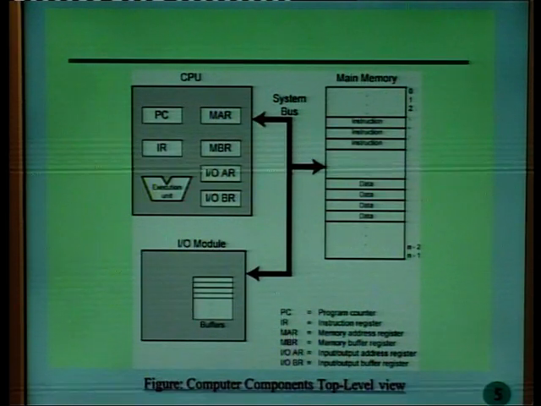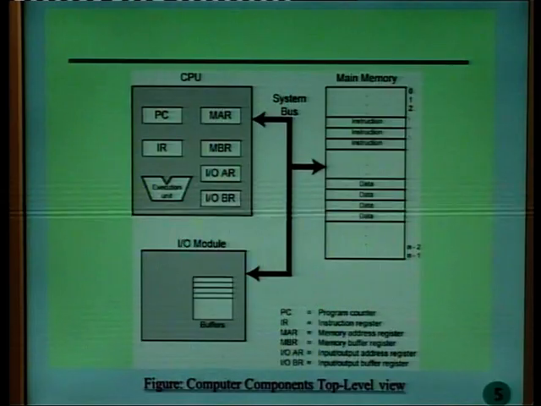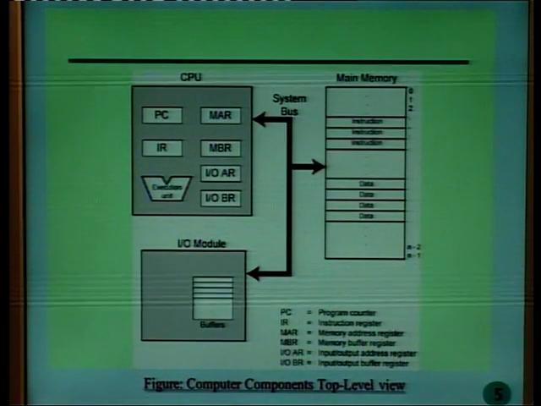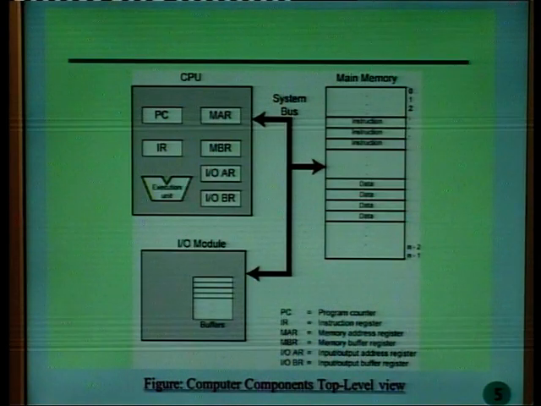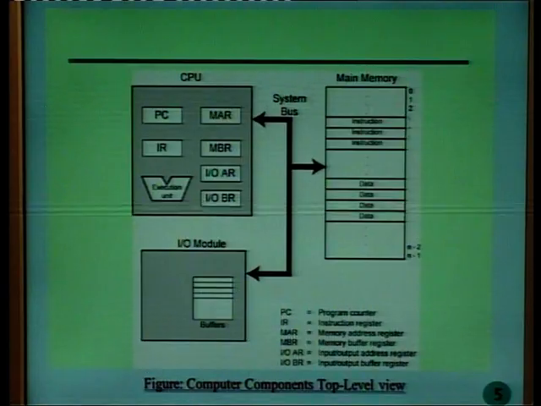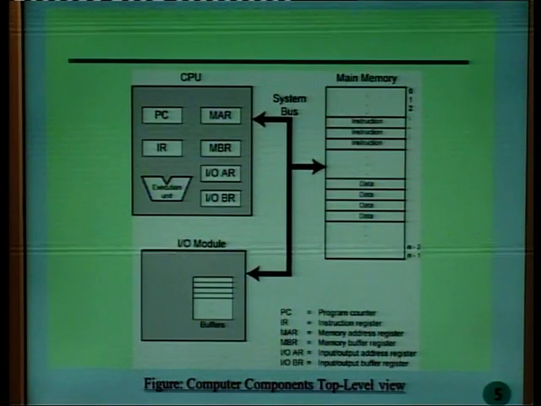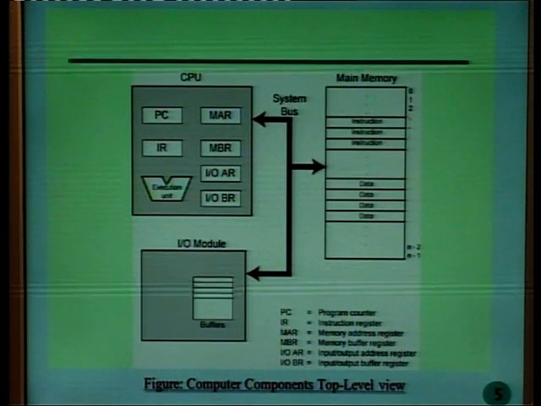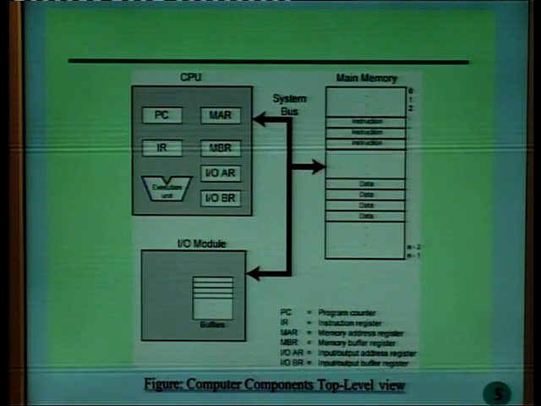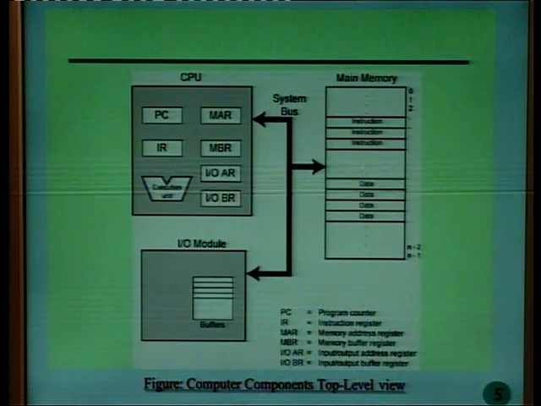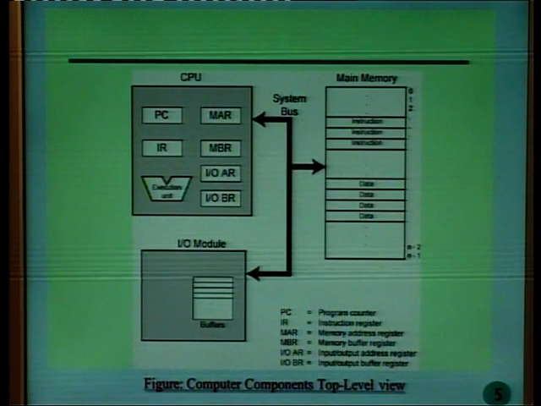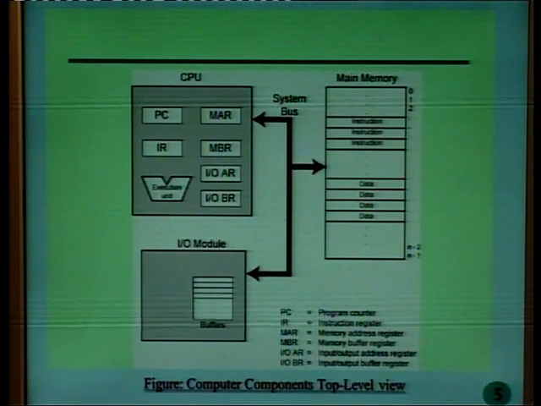We have an input output module that helps to interact with the outside world, and interaction between these modules is done with the help of system buses. The address bus carries the bits of the addresses, the data bus carries the bits of the data, and we have a main memory where the currently running program is executed.